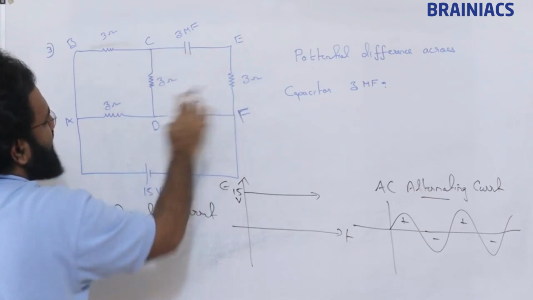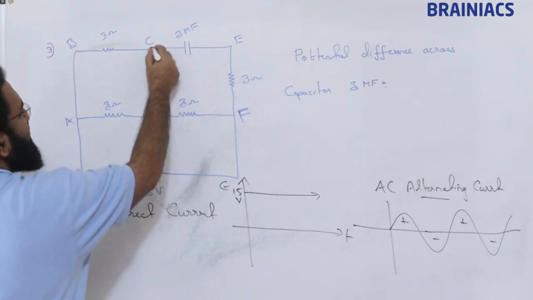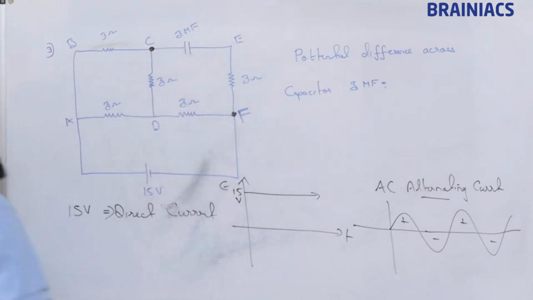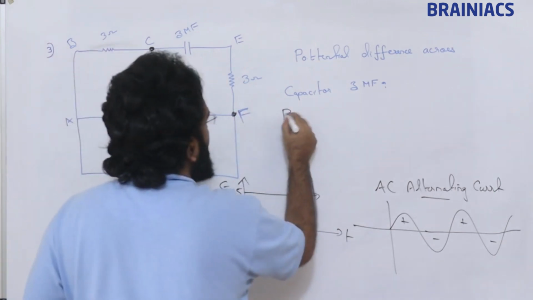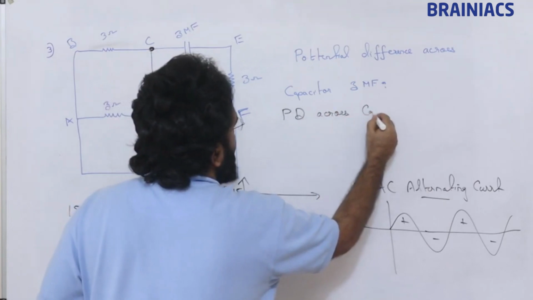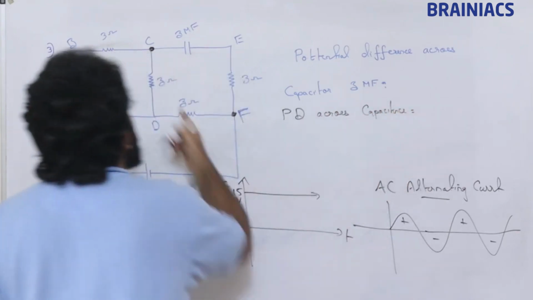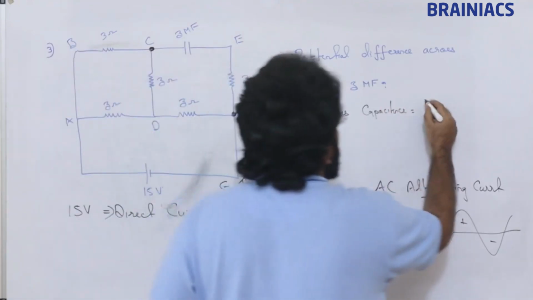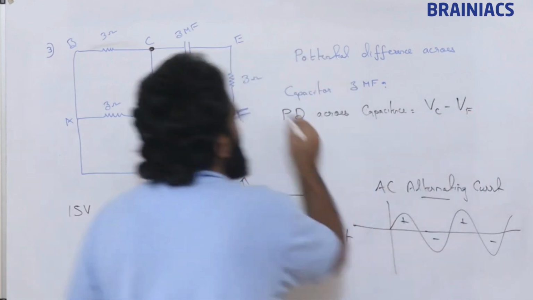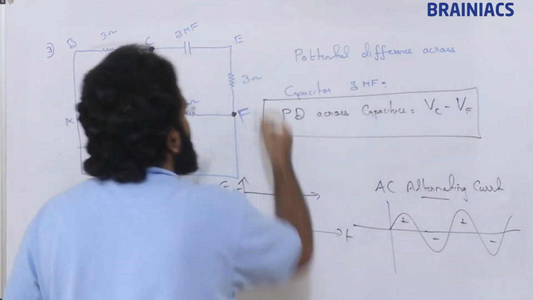Potential difference across capacitance is nothing but, this is one terminal, this is another terminal. So the potential difference across capacitance is equal to VC minus VF.